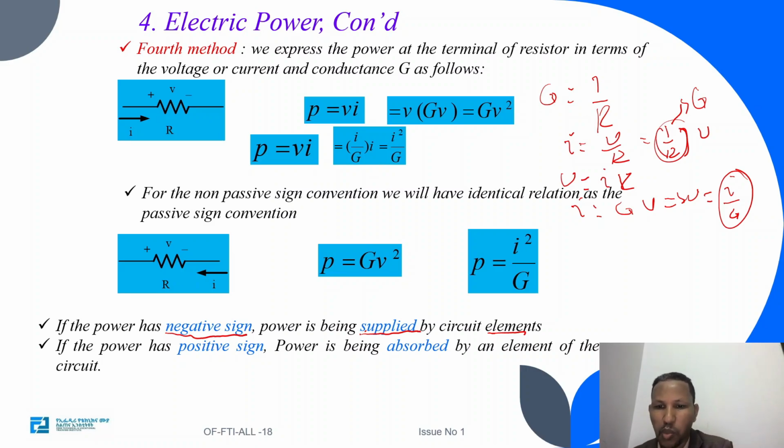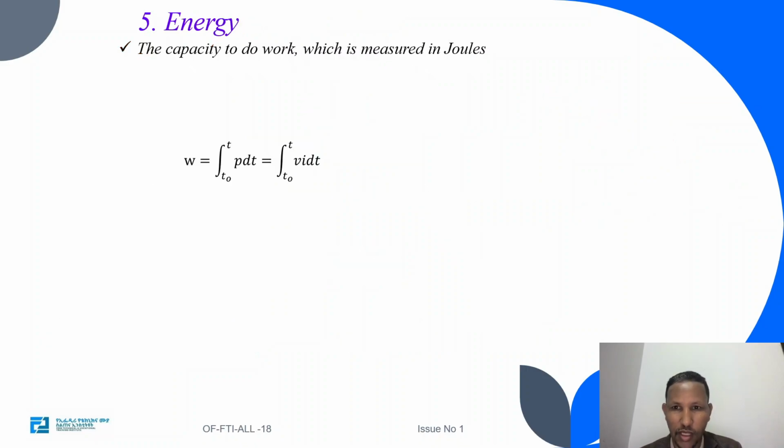If the power has a positive sign, that indicates power is being absorbed by an element in the circuit. So by introducing a negative sign and a positive sign, we can say that power is supplied or absorbed by elements of the circuit.